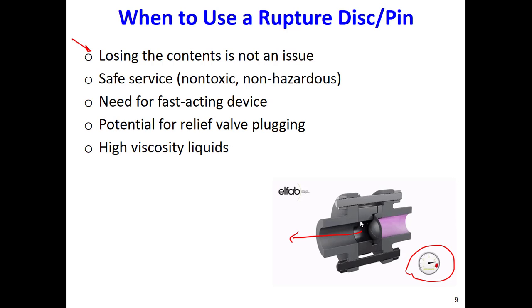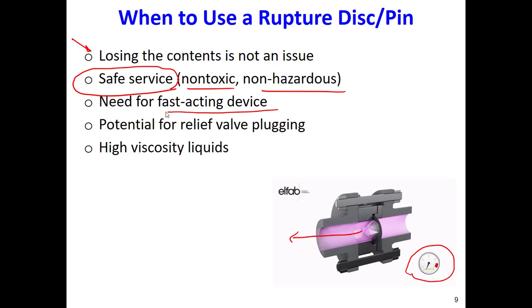Since usually we relieve a big amount of material, we have to make sure that we install it in a pipeline or vessel that doesn't have toxic or dangerous material. So it will be used for safe service, or non-toxic or non-hazardous materials or streams. It's a very fast acting device.